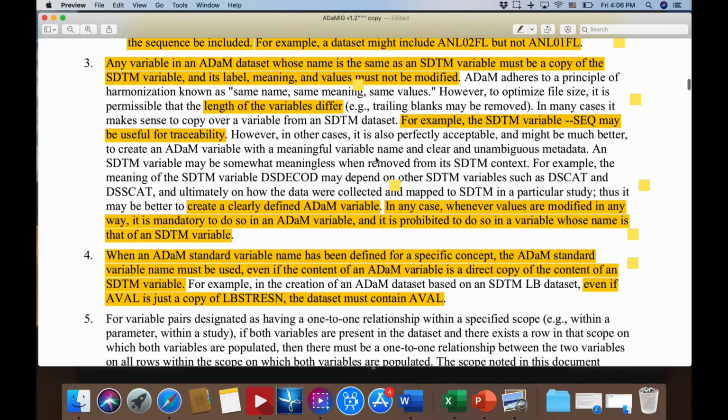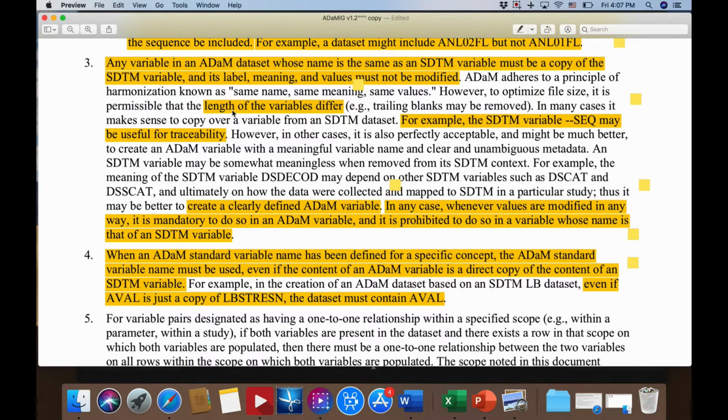And for the variables that are directly copied from SDTM, it is a requirement that the variable name, label, meaning, and the values have to be exactly the same. But there's one thing you can change, which is the length.